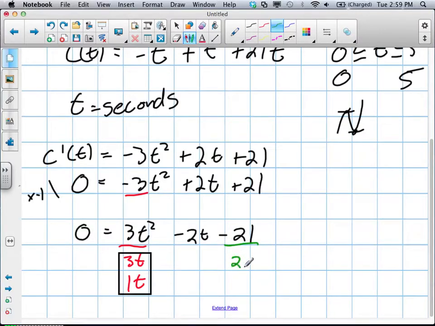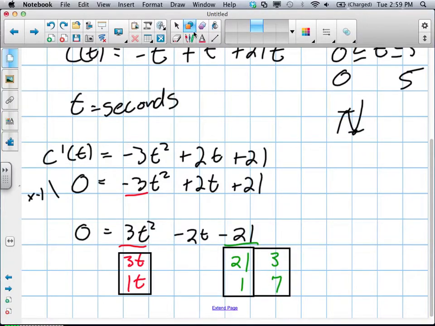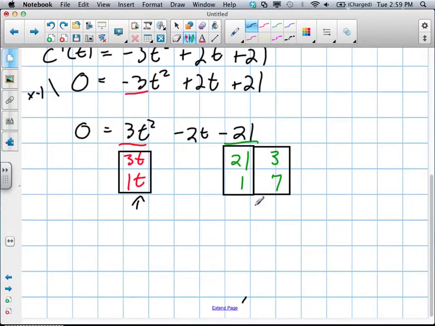Factors of 21 are 21 and 1, and 3 and 7, not that many options. I set these up in columns. Then I multiply the first column by one of the second columns, and the products need to add up to our middle term, which is negative 2t.